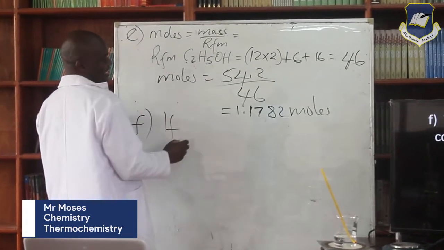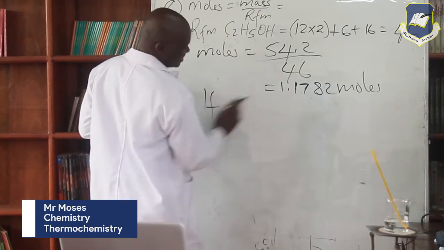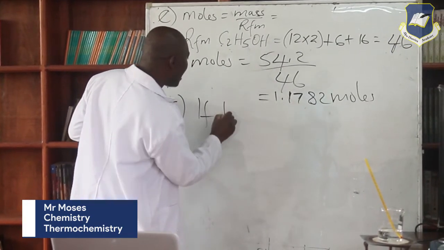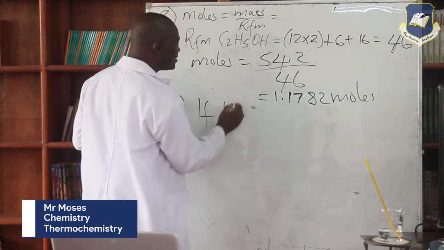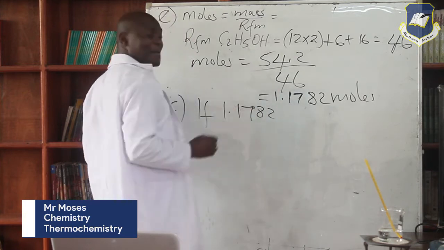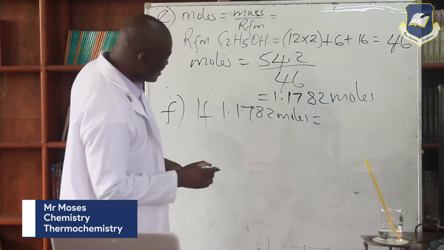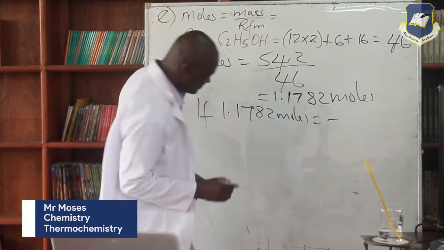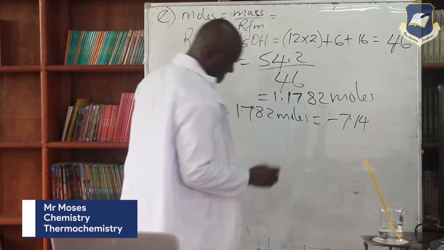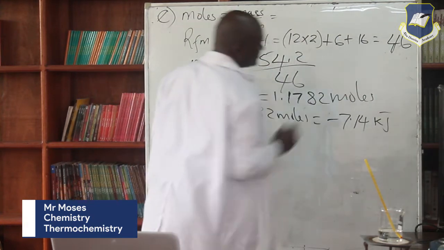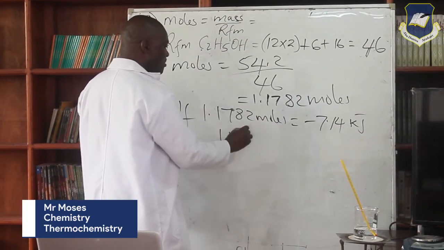So if 1.1782 moles of ethanol was giving us negative 7.14 kilojoules, what about 1 mole?